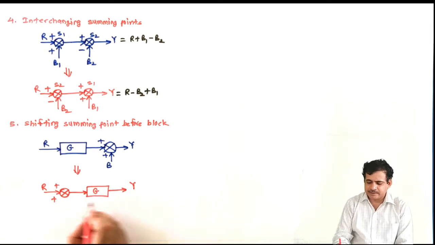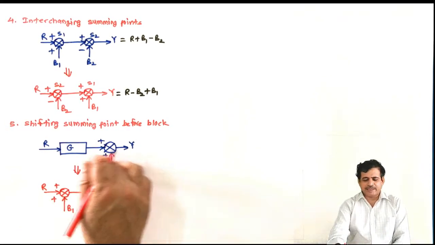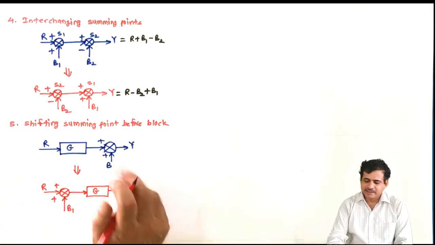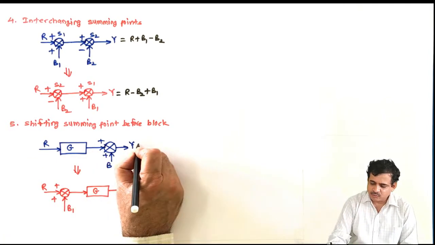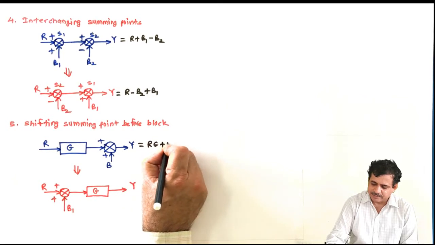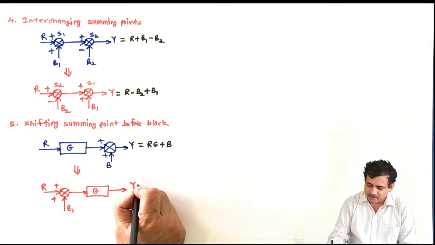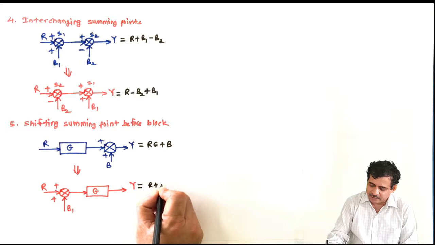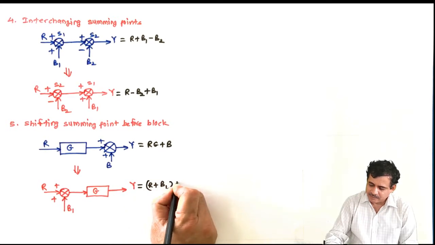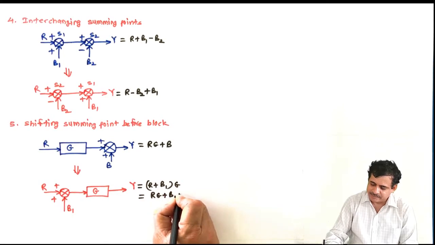And let us apply here, instead of B, B1 for Y. Why? Because we cannot apply B as it is. See, here Y is equal to RG plus B. And if I apply B here, then Y will become R plus B1 into G. So that is RG plus B1G.